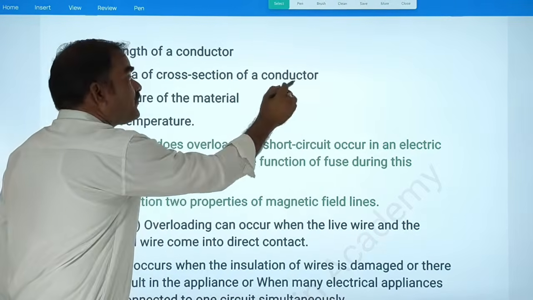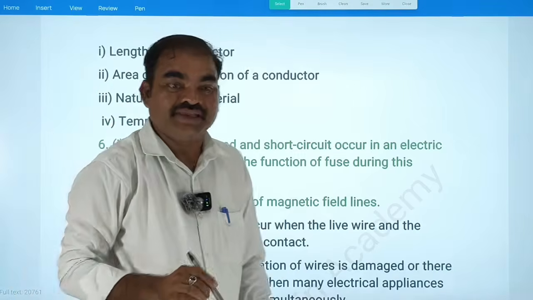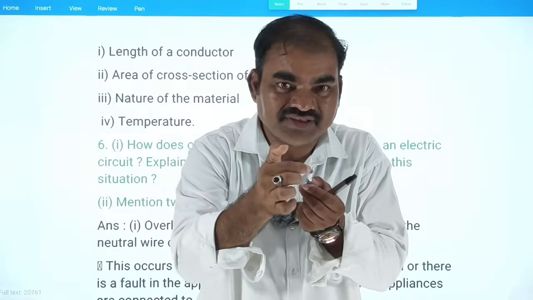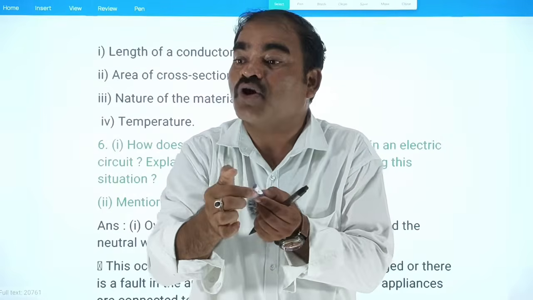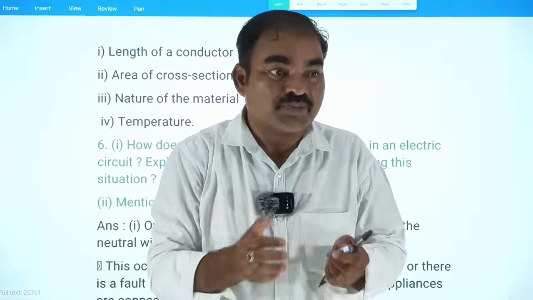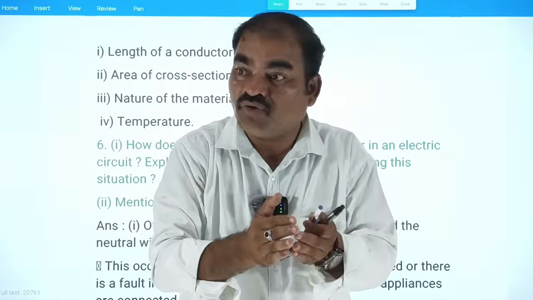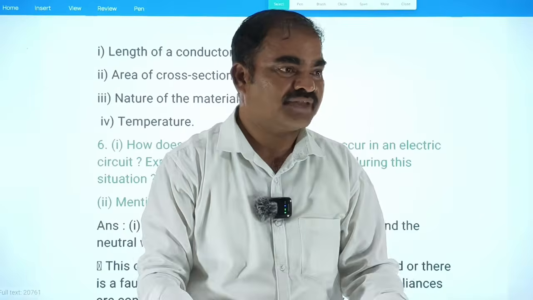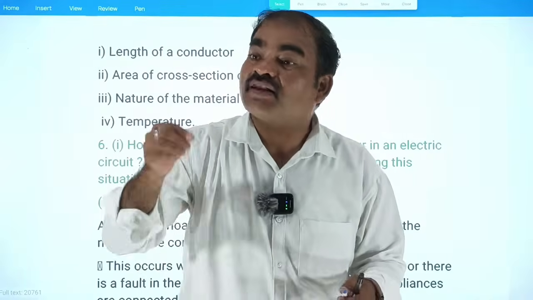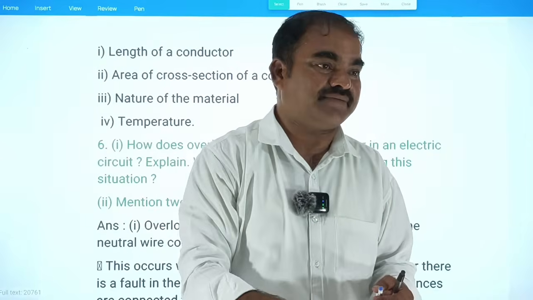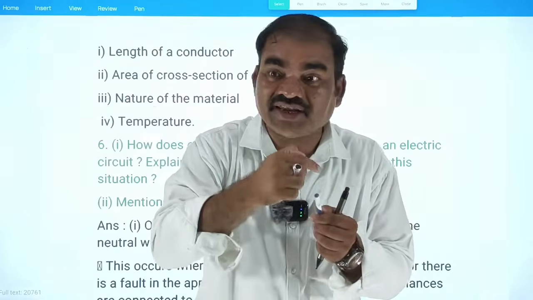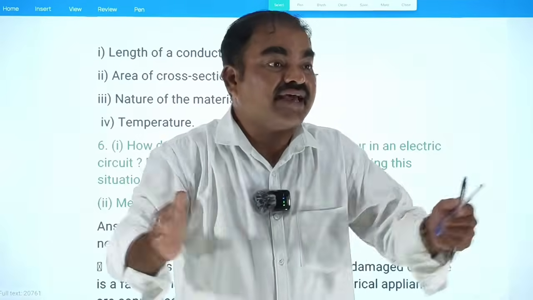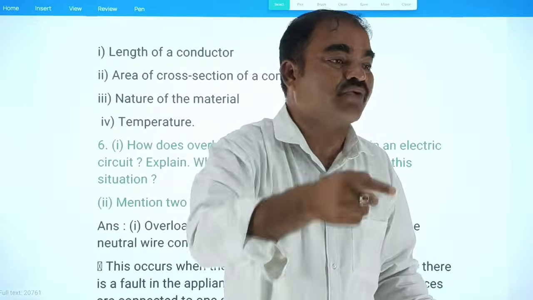Next one, area of cross section of the conductor. Suppose a wide road is there, vehicles can move easily, so resistance will decrease. When cross section area increases, resistance will decrease, whereas when length increases, resistance is going to increase.